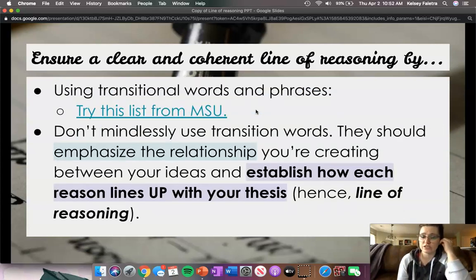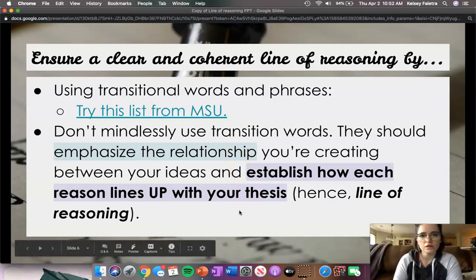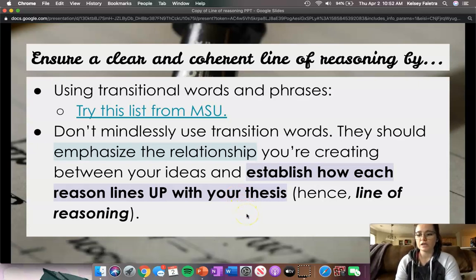You want to use transitional words and phrases. Don't just use first, second, third. It's really important that you consider using words that show the connection between your ideas. In a concession refutation, a common one is on the other hand, or alternatively.